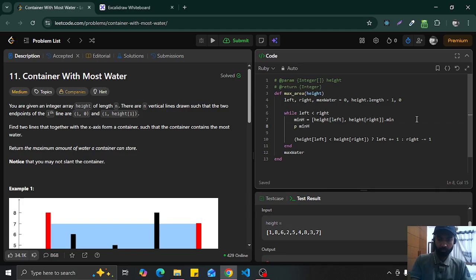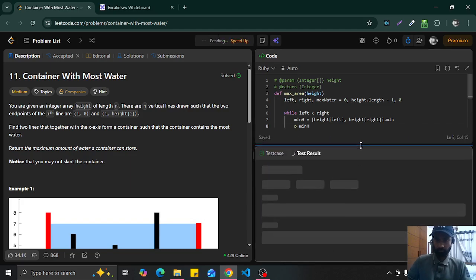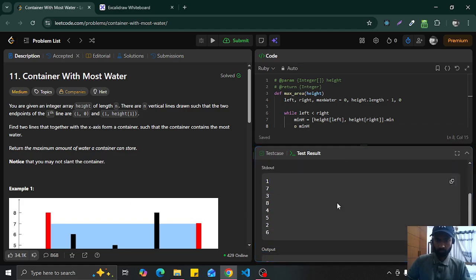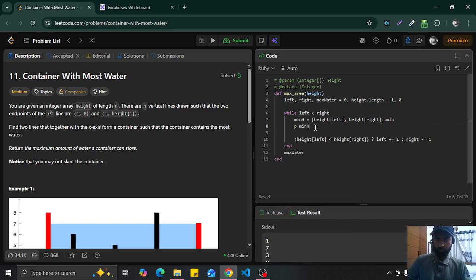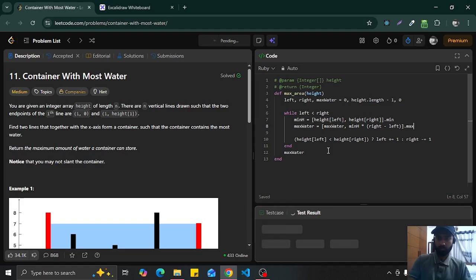So min h, yeah, now max water is going to be max of, sorry, max water and min height into right minus left, that should give us the distance, dot max.